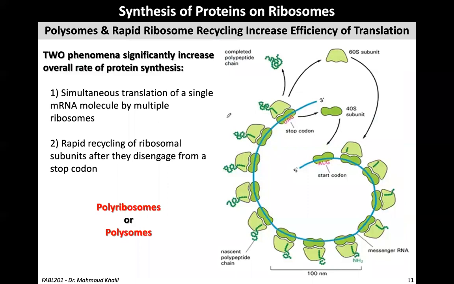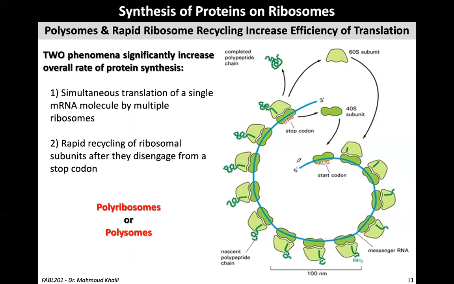So actually, it's not only one ribosome that sits on the messenger RNA. Usually in the cell, multiple ribosomes sit on the messenger RNA. So we have simultaneous translation of a single messenger RNA molecule by multiple ribosomes. This will lead to a rapid generation of a lot of protein molecules. And there is rapid recycling of the ribosomal subunits after they disengage from the stop codon.